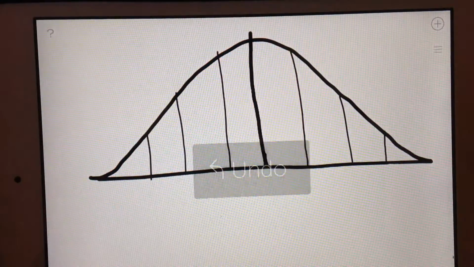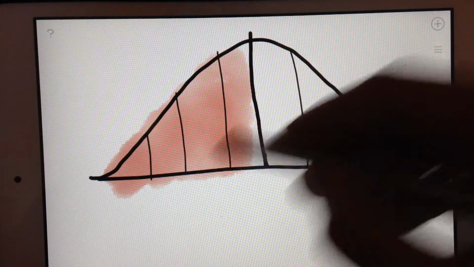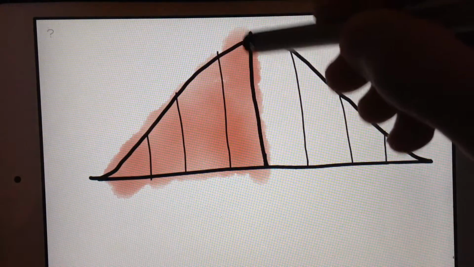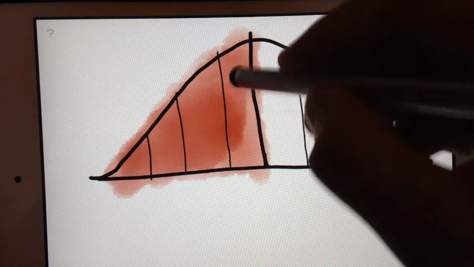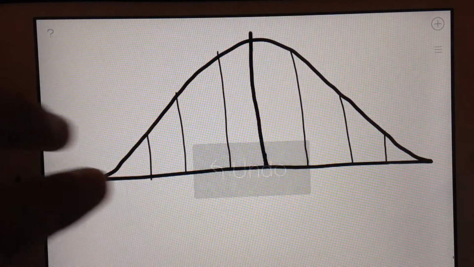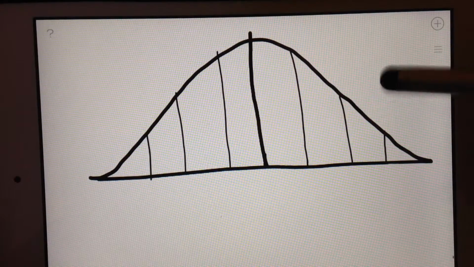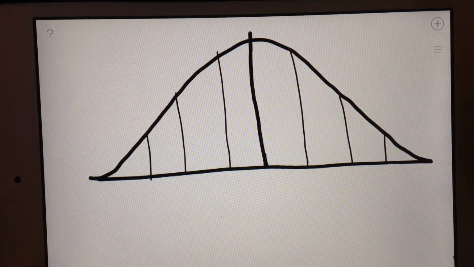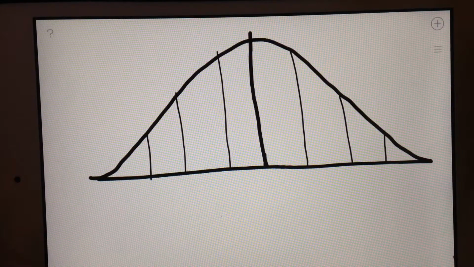And of course, from here to here is 50%, because right here is the 50% marker. It means that that's halfway. And so we're measuring with the unit of size, which is standard deviation.